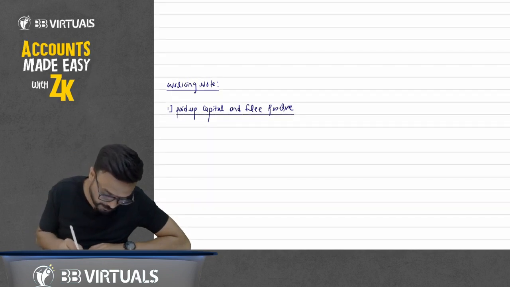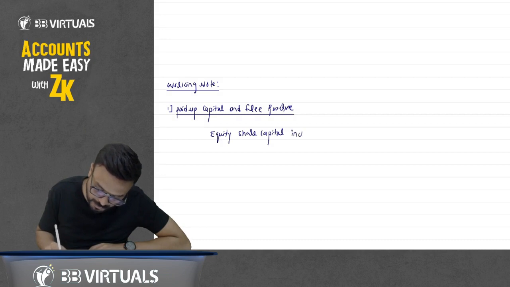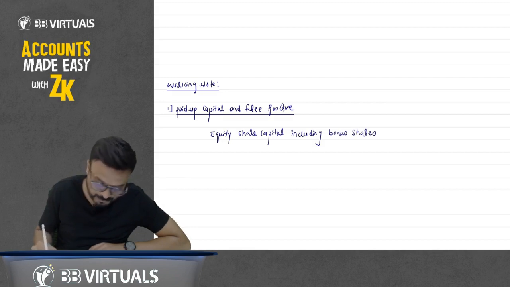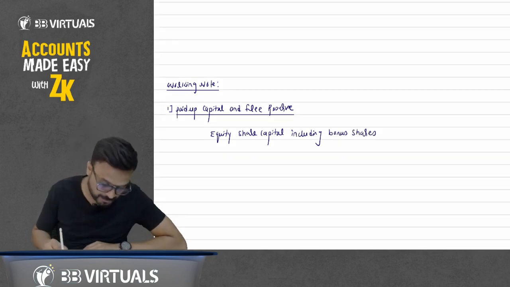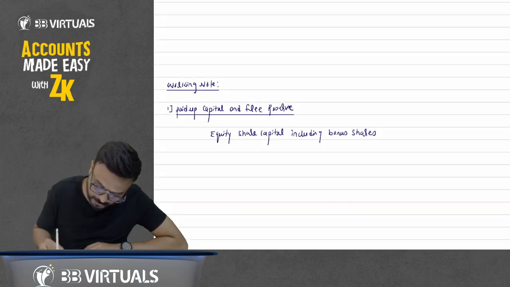First write down equity share capital, which is given in the question, including bonus shares. How much is the equity share capital? It is 12,50,000, which is given in the question.